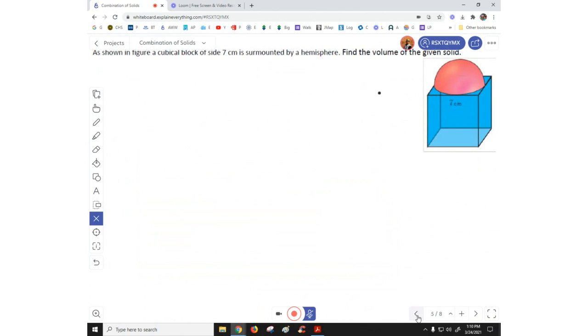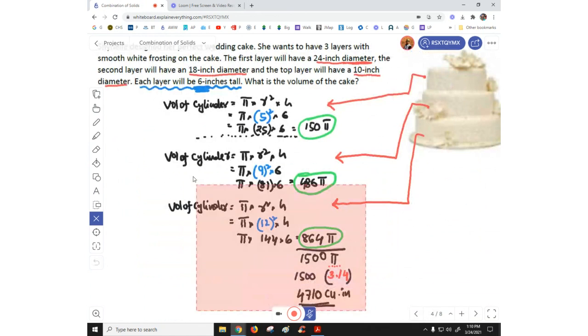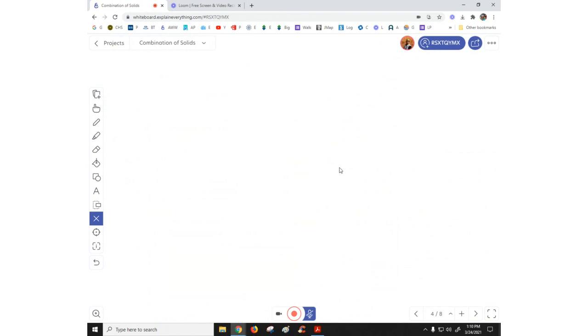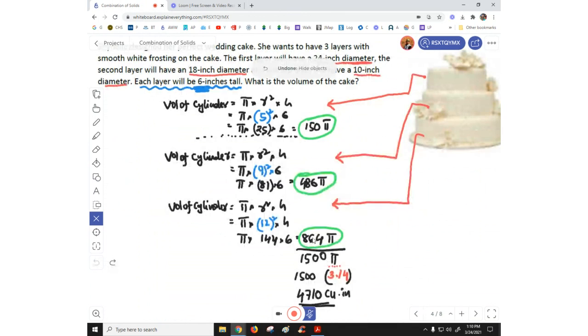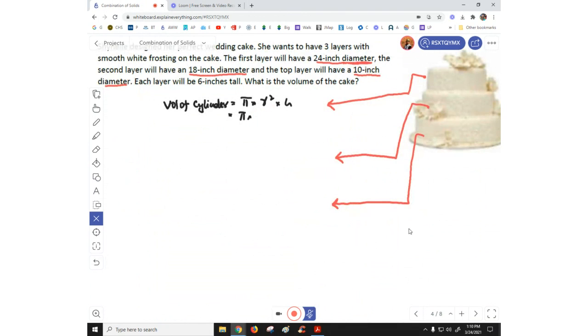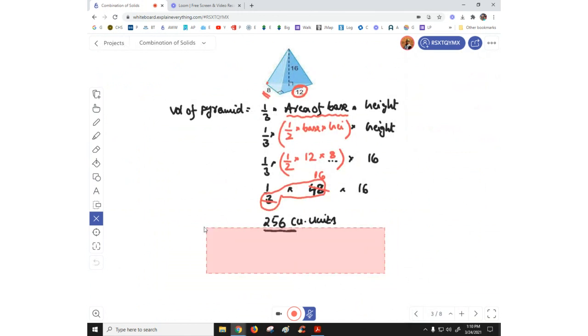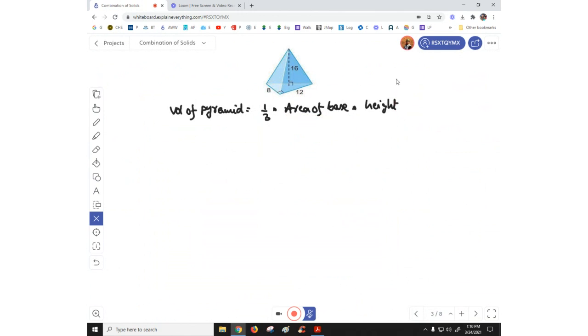Okay, this is the problem. Yeah, this is good. So I have to clear the whiteboard this way.